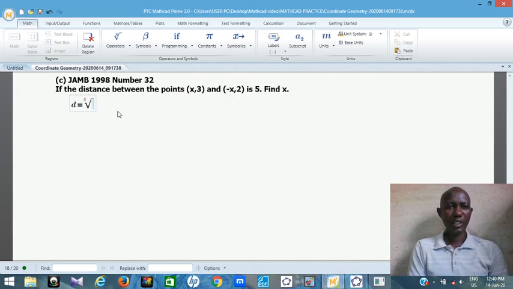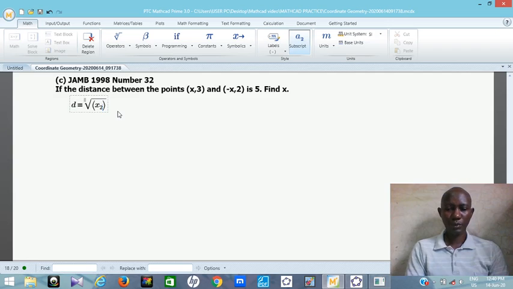We say distance between 2 points is equal to the square root of (x2 minus x1) squared, plus (y2 minus y1) squared.